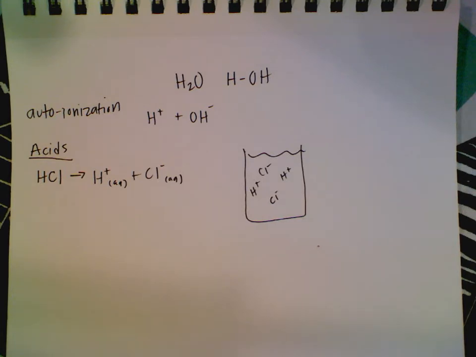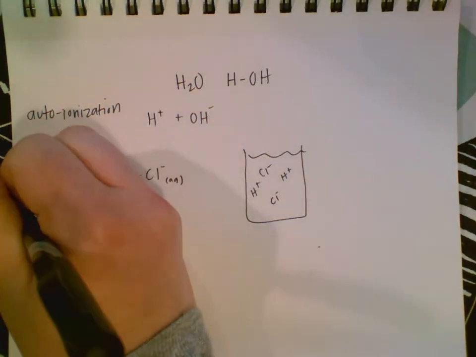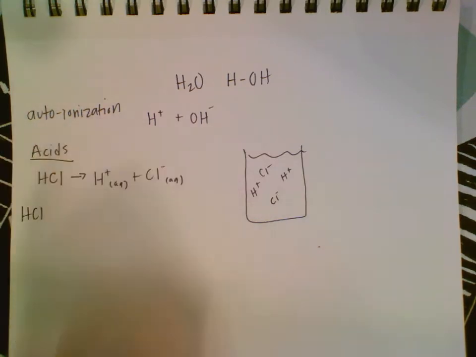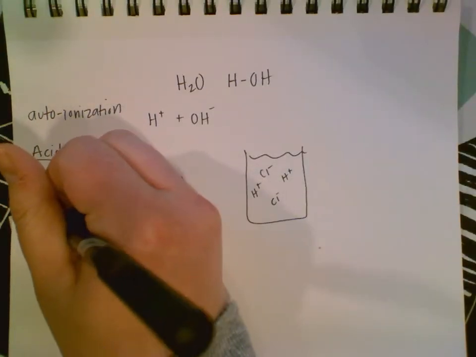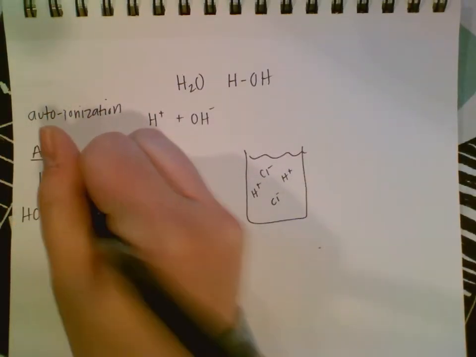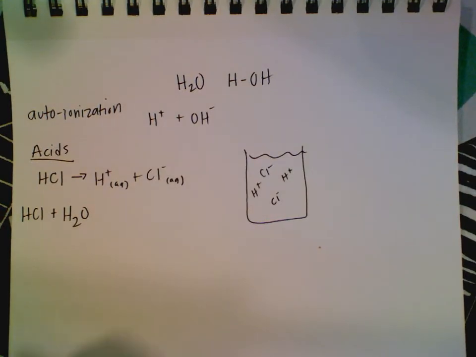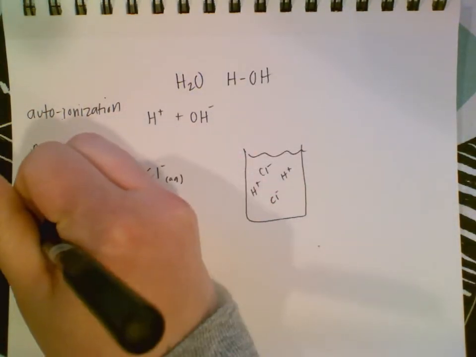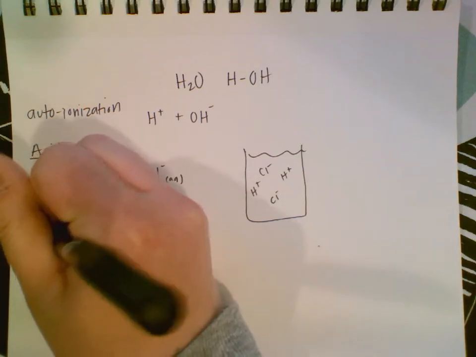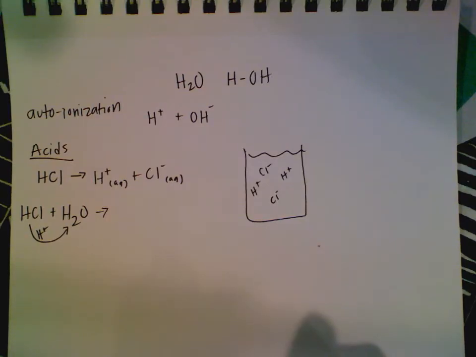But there is a more complicated reaction that shows the same thing, but just adds a little twist to it. What HCl really does is it interacts with the water that is in the beaker. And an H plus is lost by the hydrochloric acid.